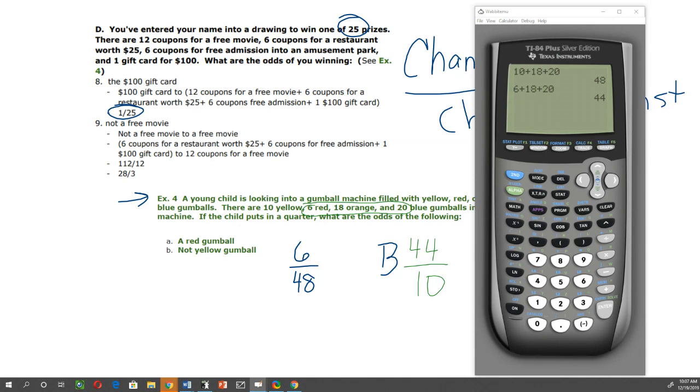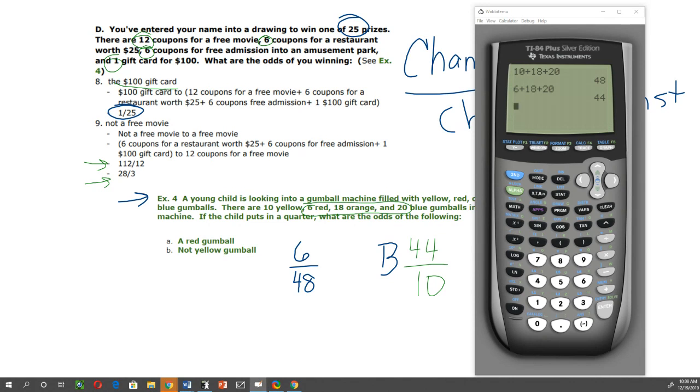I'm not sure where you got 112 from because there's not 112 gifts available. There's only 25. Same thing with 28. Not sure where 28 is coming from because you're looking at the number of things available. So we'll see these numbers right here. Okay, so use those to make your odds. So the odds in favor of getting a $100 gift card.